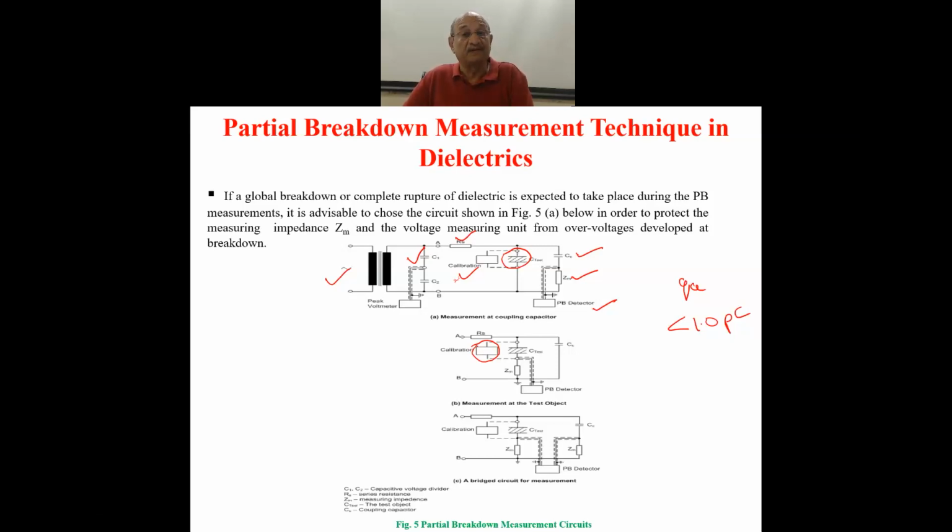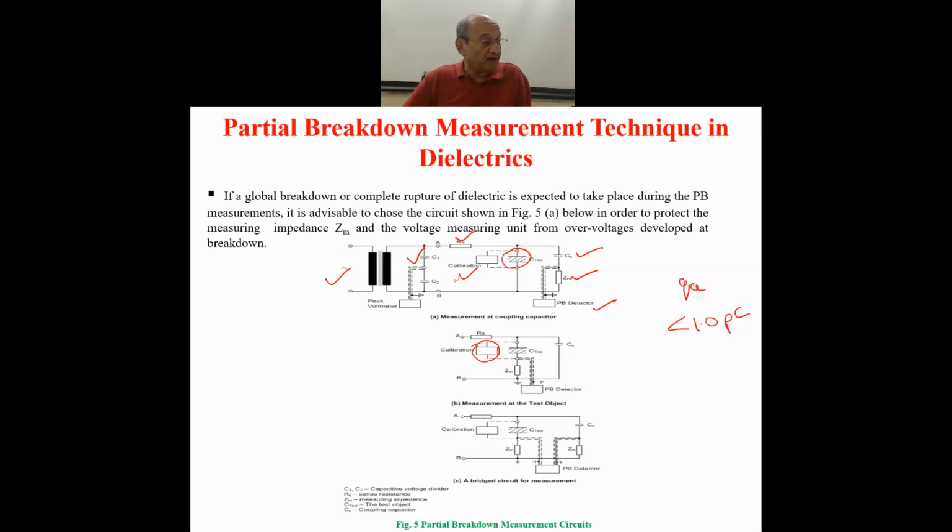It is possible. One can know beforehand that you want to measure at a certain voltage where you have never measured before. When you increase the voltage, there is a possibility of breakdown occurring in the test object. In that condition, to protect the measuring impedance Zm and the voltage measuring unit from the over voltage developed at the breakdown, you choose circuit A.